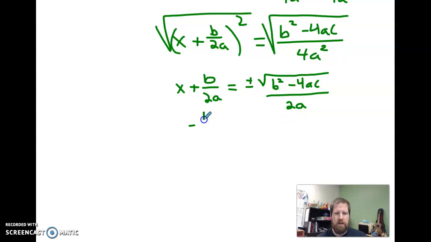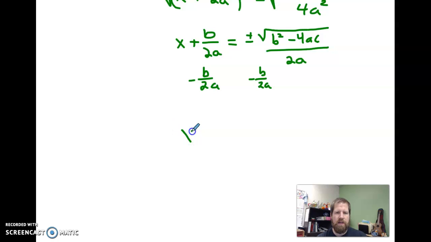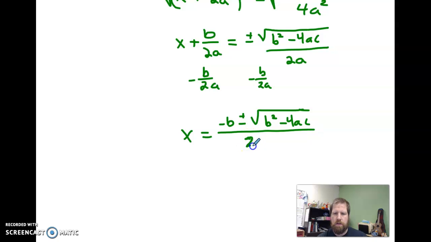So we're going to subtract b over 2a, and we're going to be left with x is equal to negative b plus or minus the square root of b squared minus 4ac all over 2a. And that is our quadratic formula.